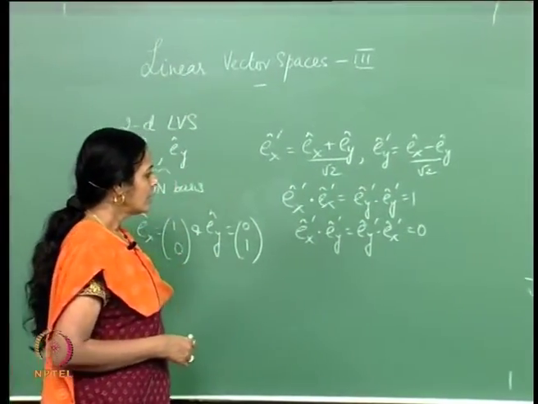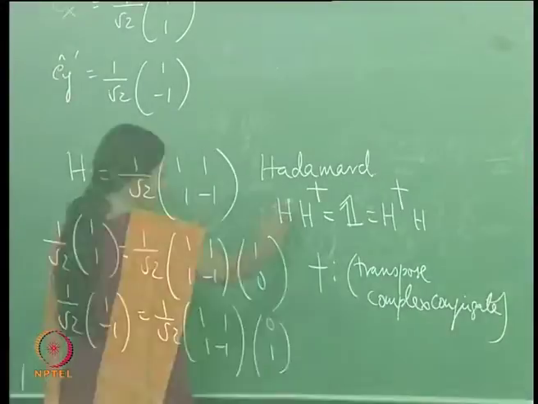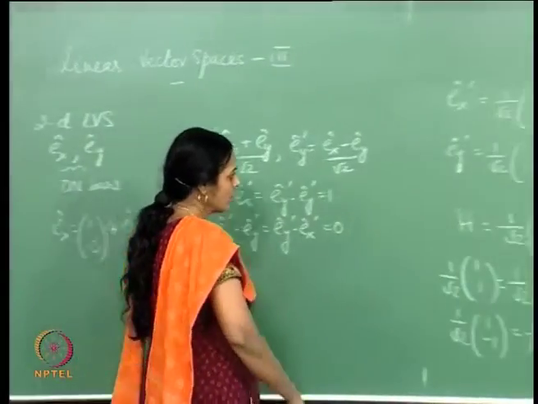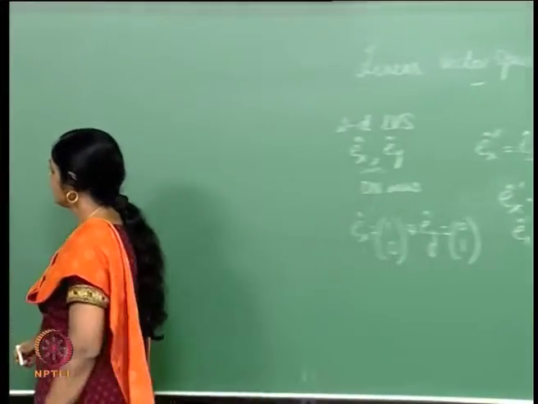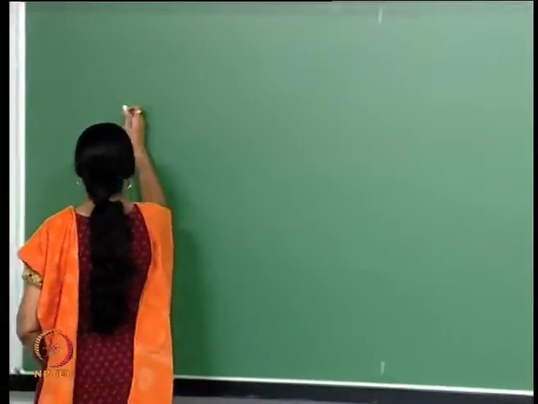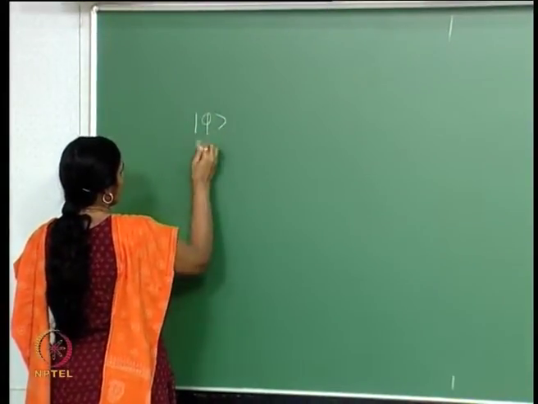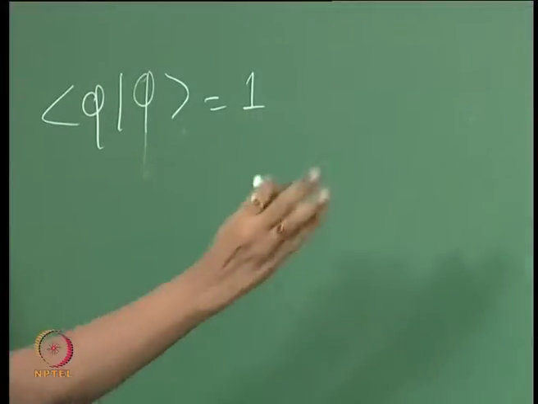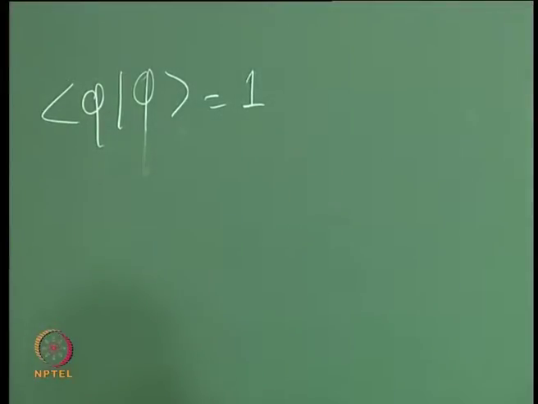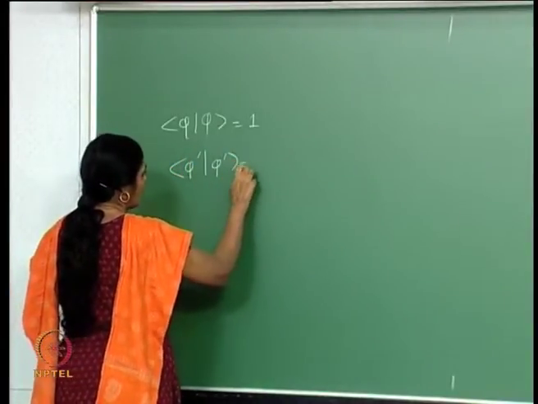In general, we have gone from one pair of orthonormal bases to another pair of orthonormal basis set. In general, suppose phi is normalized to 1. In this case, it could well be Ex, and phi prime is also normalized to 1.